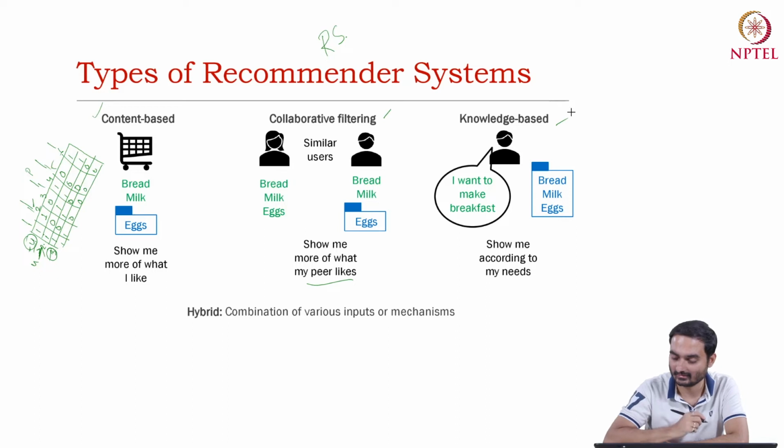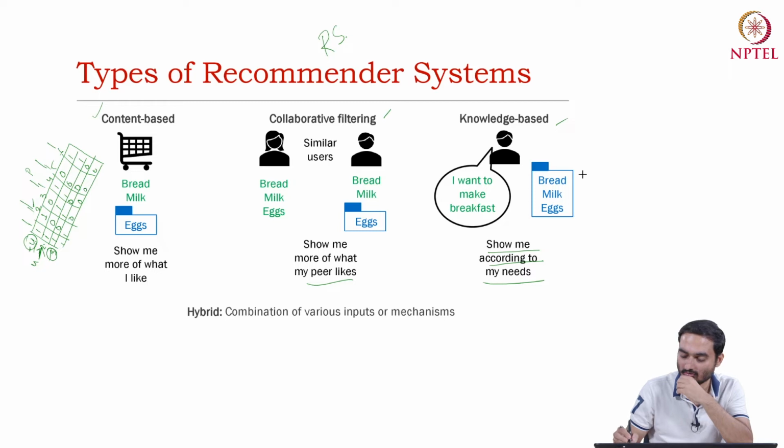The third one is more of a knowledge based recommendation. Here the philosophy is show me according to my need. For example, I want to make breakfast, I should be recommended say bread, milk and egg, because it should be known to the recommendation engine that I generally take bread, milk and egg in my breakfast.